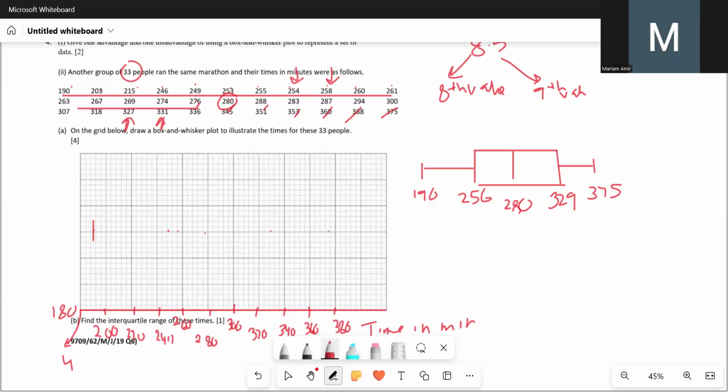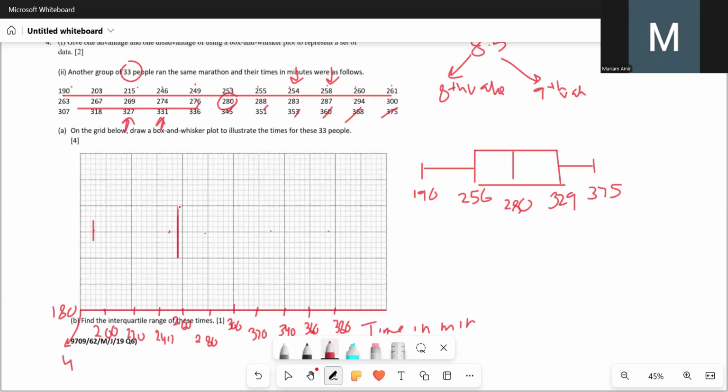So if this is 250, then half a box would be 2, and another full box would be another 4, so that's 6. So 256 is exactly here, one box before 260. Okay, so I'm going to make a line here. This has to be bigger. Okay, so that is 256.